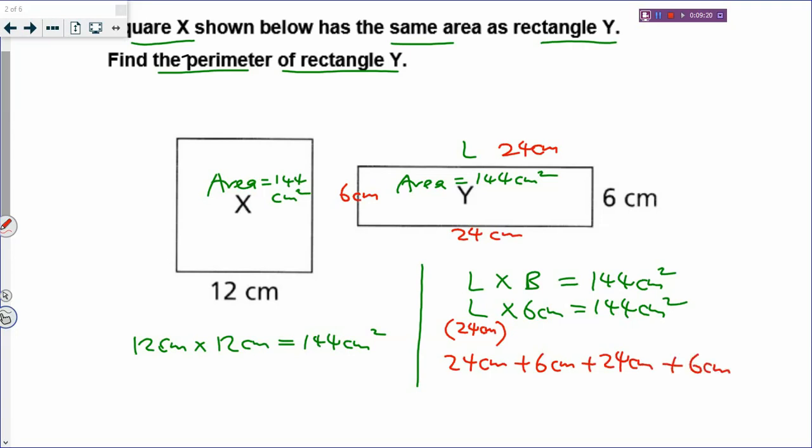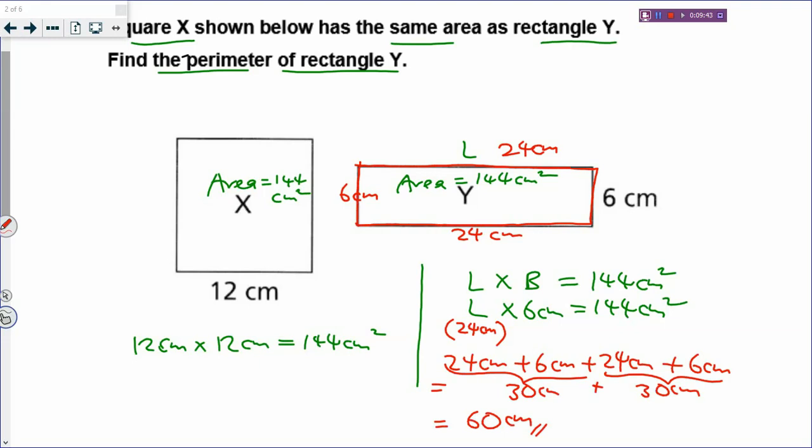Perimeter means to add all the sides of the figure. Shortcut: you do pairing. So you have 30 cm plus another 30 cm, so the perimeter of the rectangle is 60 cm.